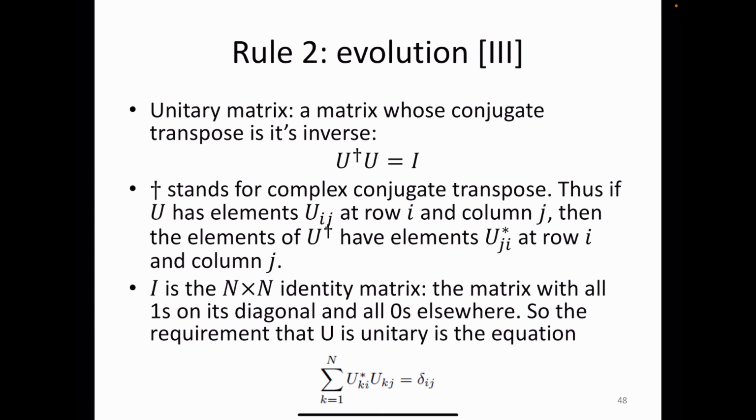So if you take the complex conjugate transpose of your transformation and multiply it with the original transformation, it must give you back identity. So we have the equation down here again. Remember the star here is the complex conjugate transpose: you take the complex conjugate, and then you flip the components.